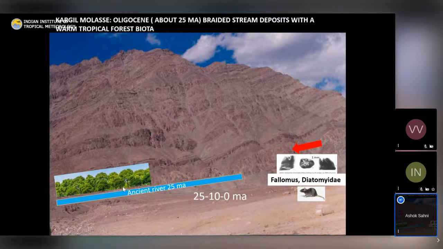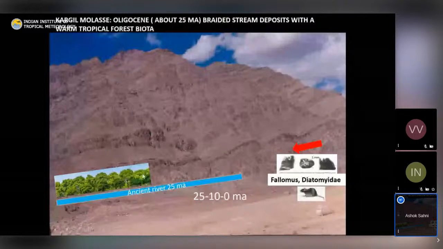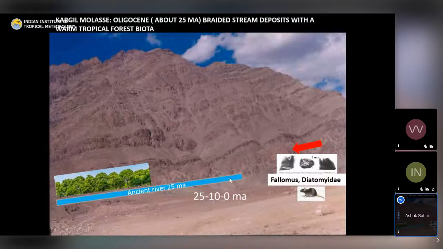And you had several tropical forms. You had things like fish, snakes, turtles, and a lot of deer. So this is quite prophetic: if you look at Kargil today, you can never imagine that way back in time, it was a tropical forest.